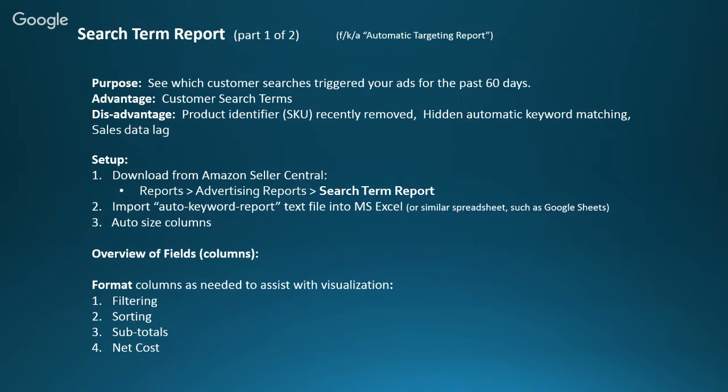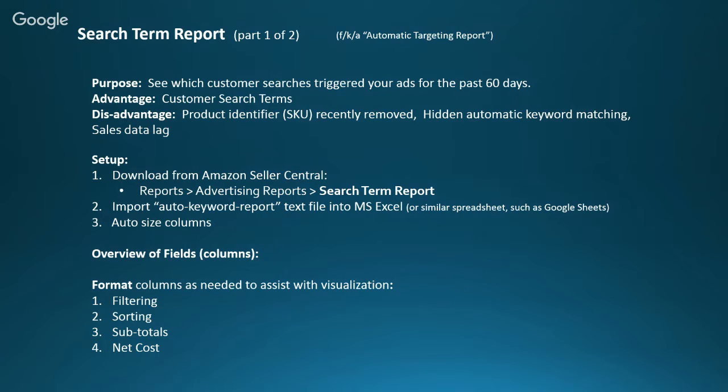Over time, you'll be able to build upon this, so start now. Go ahead and have those reports scheduled for both the search term report and campaign performance report, and you can also do the estimated page one bid report as well.